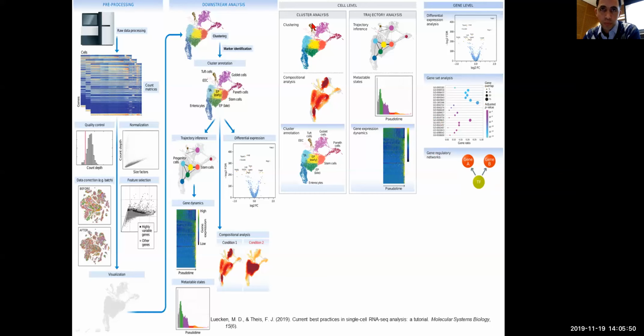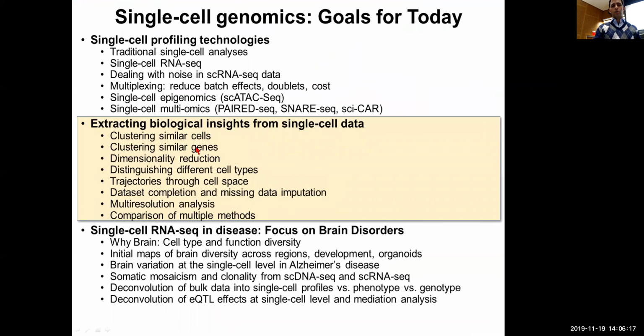Then at the cell side, you do your cluster analysis, your compositional analysis, your cluster annotation, your trajectory, your metastable states, and look at these expression dynamics across cells. So here your dimensions are genes, and here your dimensions are cells. Okay, everybody with me?